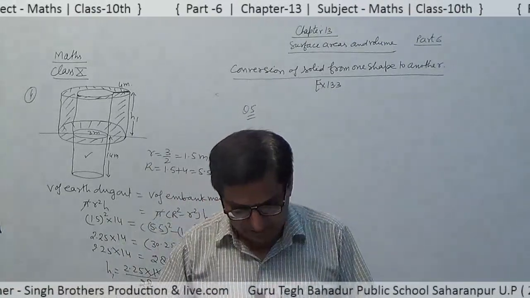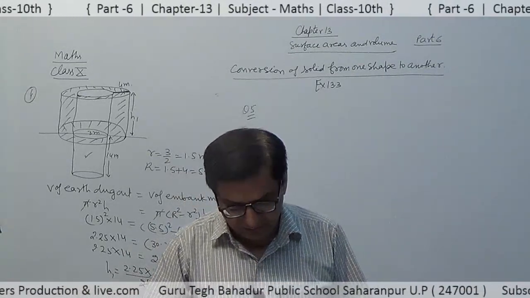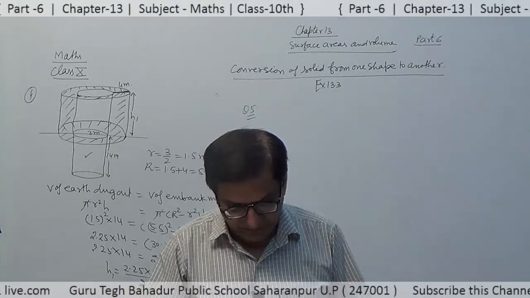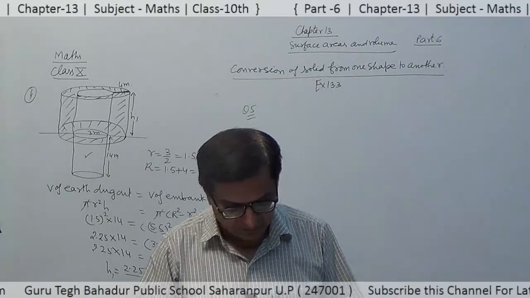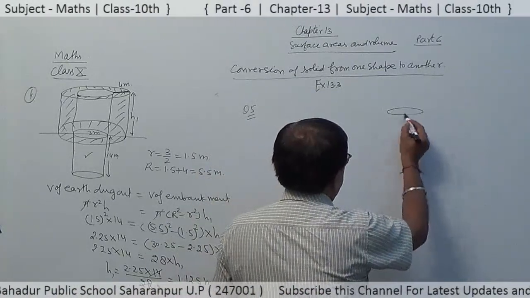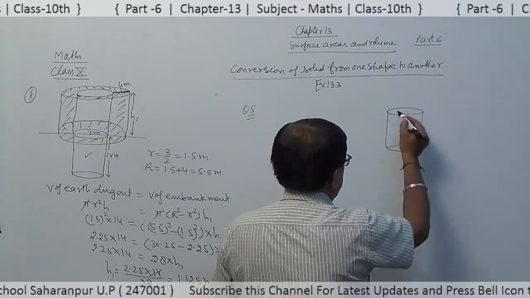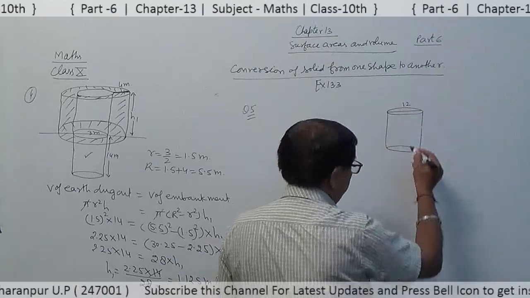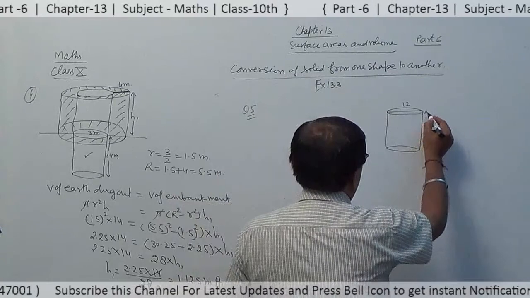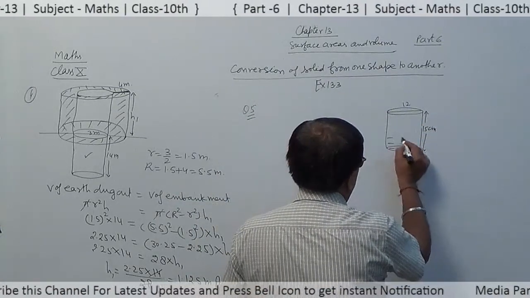Now see question number 5. A container shaped like a right circular cylinder having diameter 14 centimeter and height 15 centimeter is full of ice cream. This is the cylindrical container, diameter 12, height 15, full of ice cream.